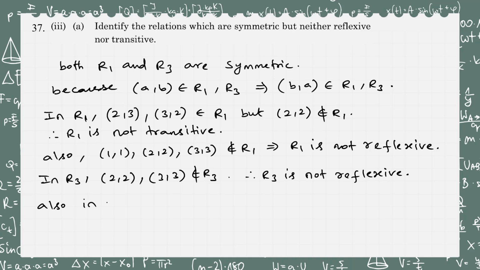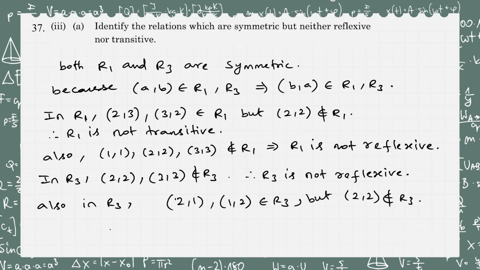Also, in R3, 2, 1, 1, 2 is in R3, but 2, 2 doesn't belong to R3. That implies R3 is not transitive. So our conclusion is R1 and R3 are symmetric, but neither reflexive nor transitive.